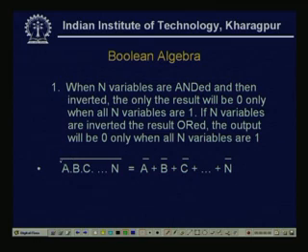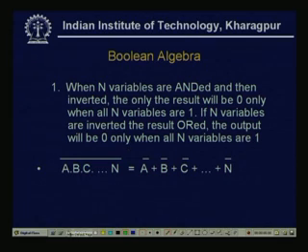Now, the whole thing is inverted, that means the complement of the result is taken. Now, the result will be that each of the variables is inverted and then ORed, that means a bar plus b bar plus c bar plus n bar, and then it is taking OR, then this is same.